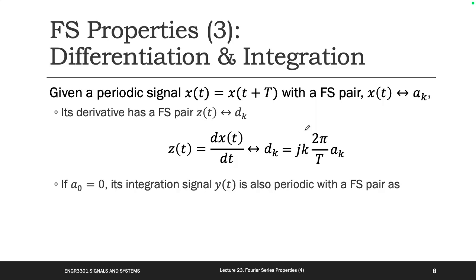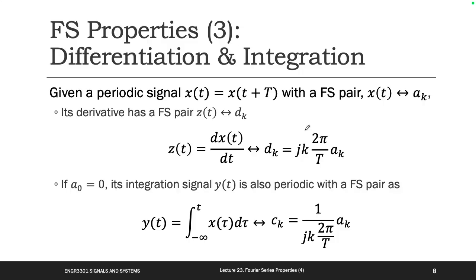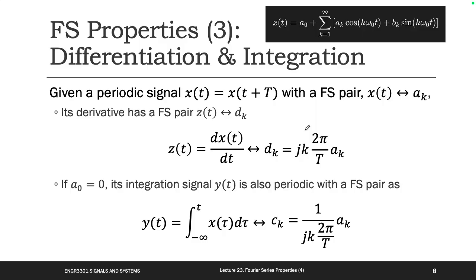So your new FS coefficient can be obtained by this equation, which means you just multiply this part based on the previous FS coefficient. That makes sense to you? And we just try to analyze why a naught equals 0 for that equation. Any question?